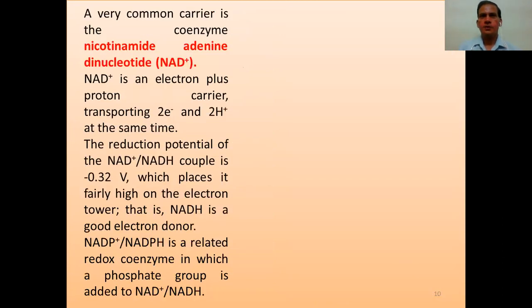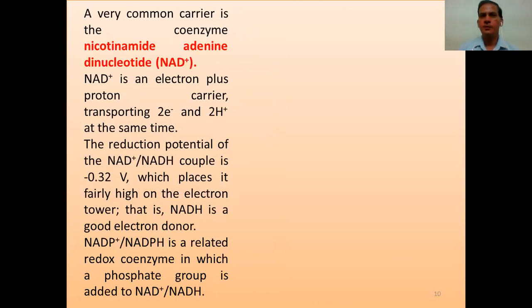So a very common carrier is the coenzyme nicotinamide adenine dinucleotide, or NAD+. It is an electron plus proton carrier. It usually transports 2 electrons and 2 protons at the same time.